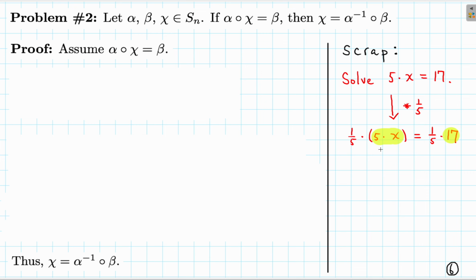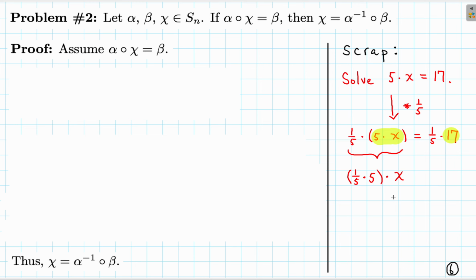Now, ultimately, we want to see that this equals x, and we can see that 1/5 and 5 cancel each other out, we get an x, but let's go through that argument a little more carefully. So working on this left-hand side, what happens? Well, by regrouping, or by using the associative law and moving the parentheses around, this becomes 1/5 times 5, and then times x.